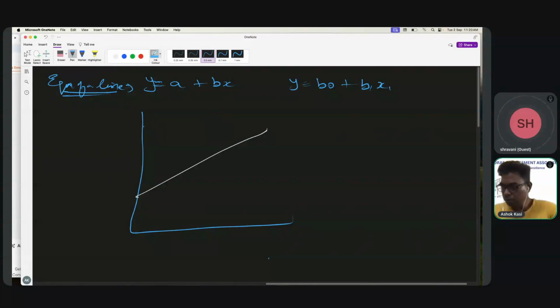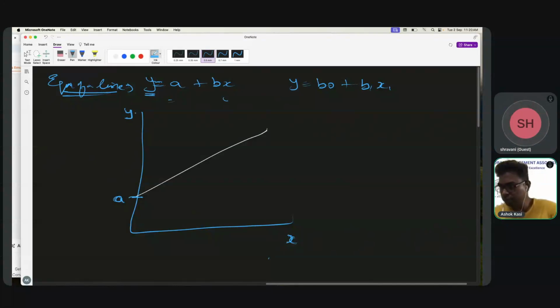Now the value of y, this is called a, the intercept. A means the value of y when x's value is 0.